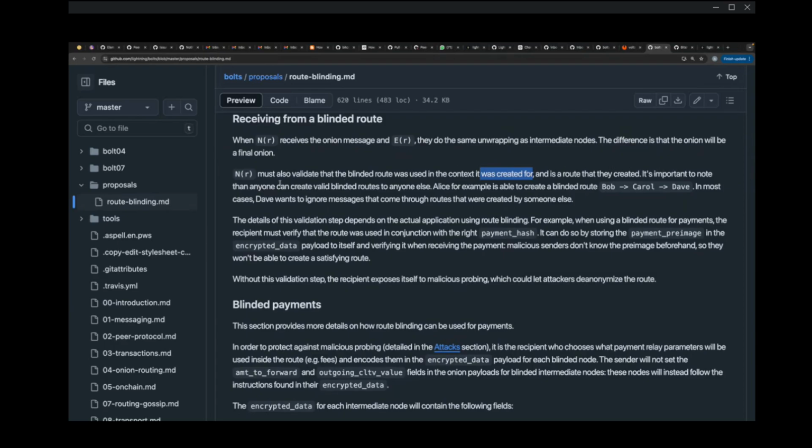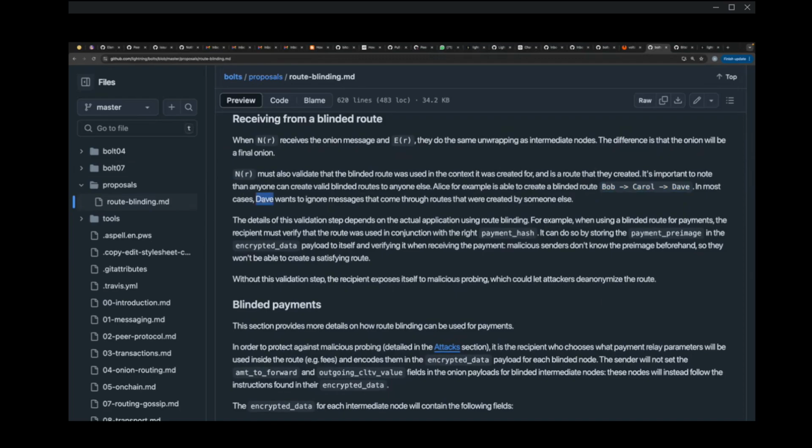So it's important to note that anyone can create a valid blinded route to anyone else. For example, Alice is able to create a blinded route between Bob, Carol, and Dave.